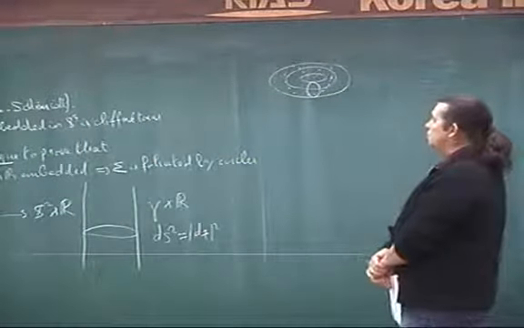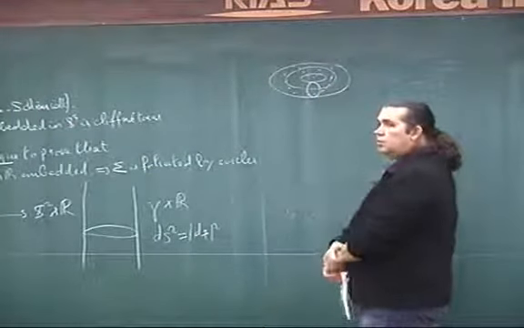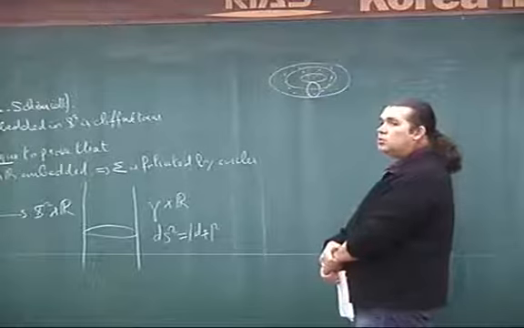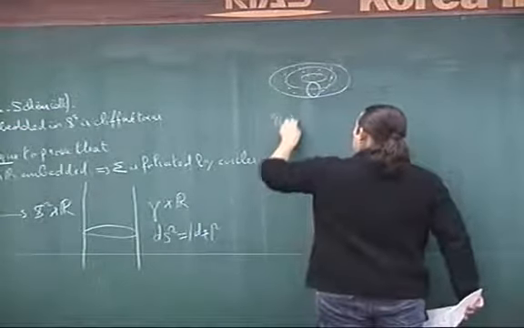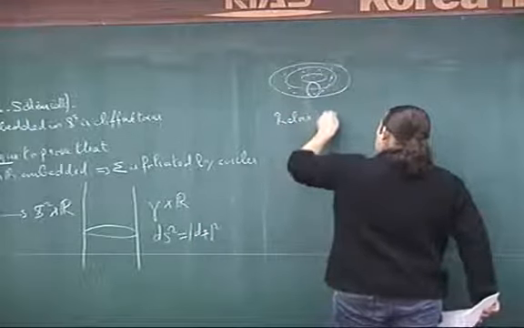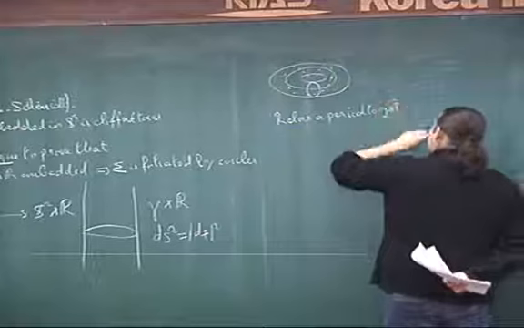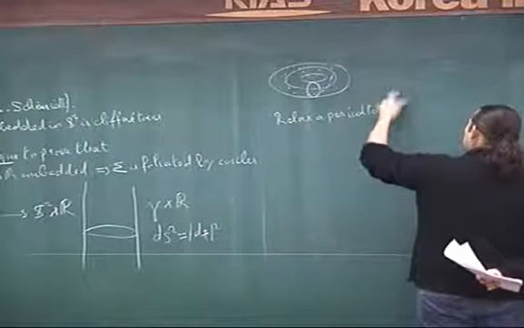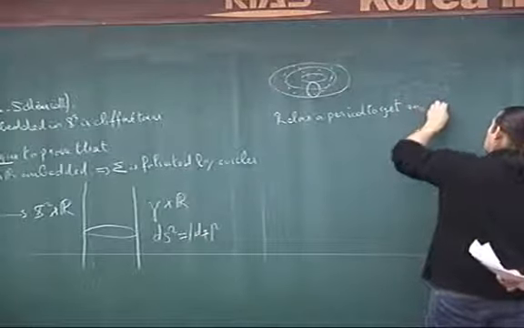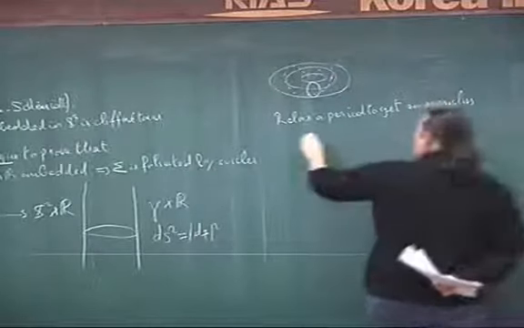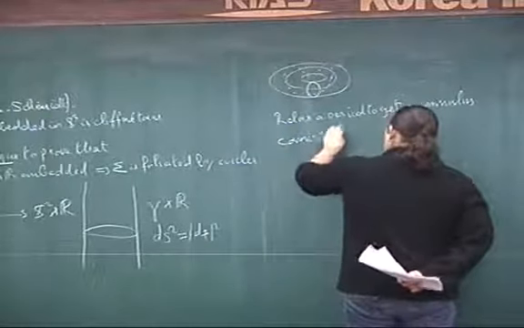Then what is the point of view? Here it is a torus. Then we relax the period to find an annulus covering the torus.